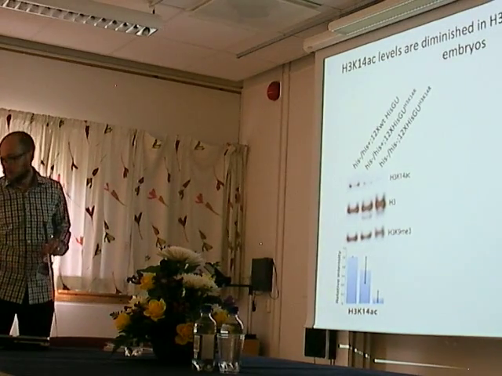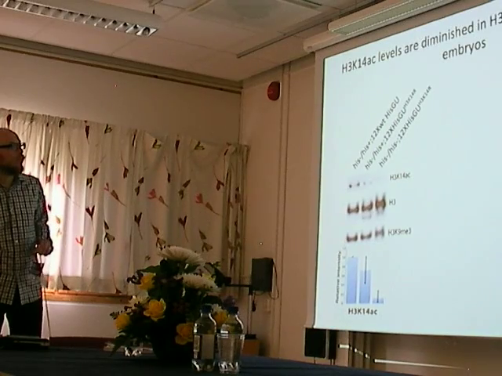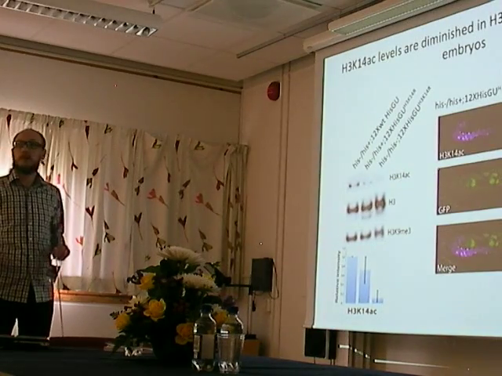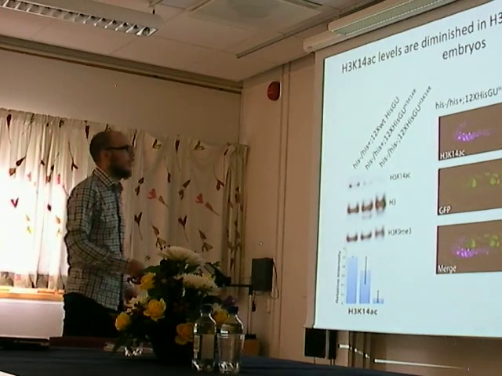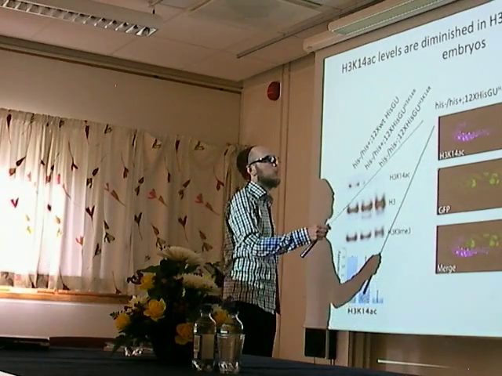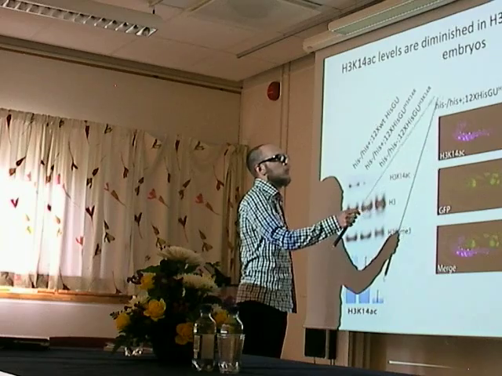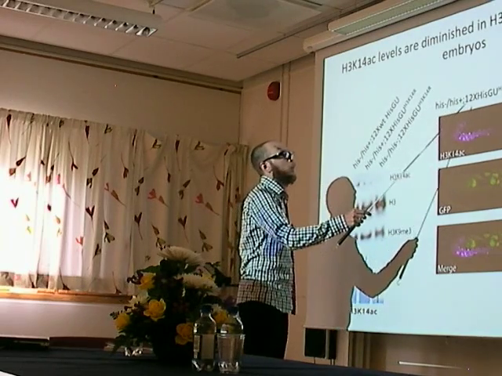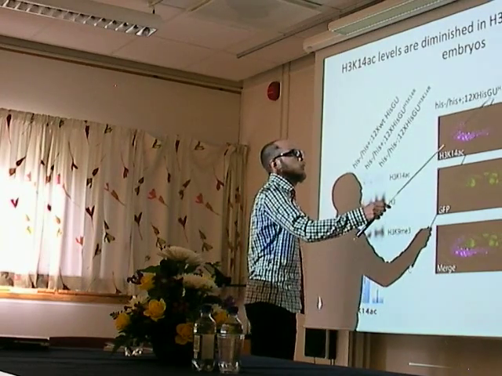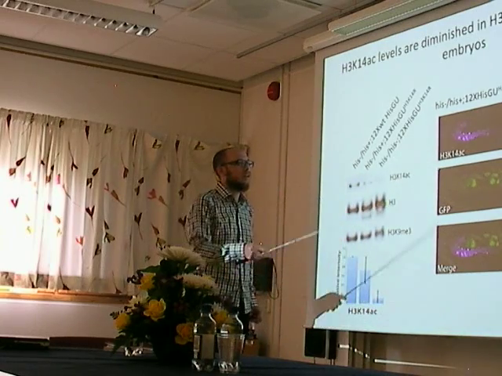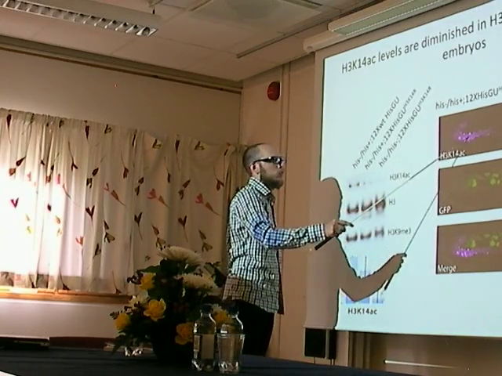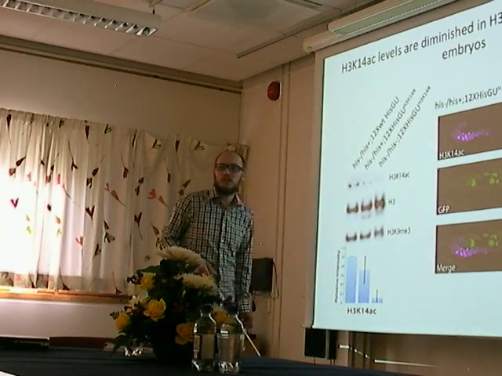So next, we stained embryos with this antibody that recognizes this mark. Here we have embryos that are heterozygous for the histone deficiency, and they have 12 copies of the replacement histones. And here we can see in the central nervous system that we have this K14 acetylation.